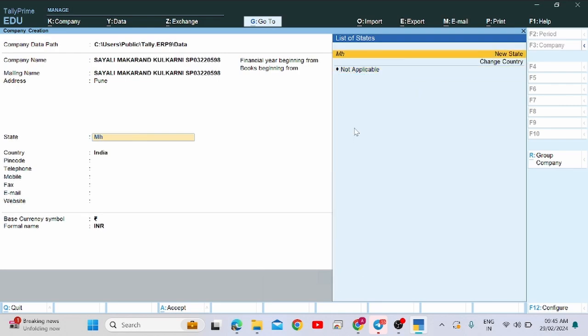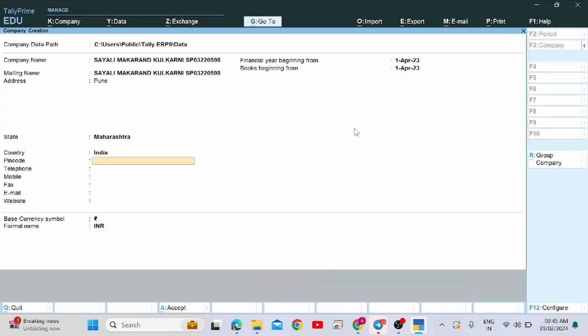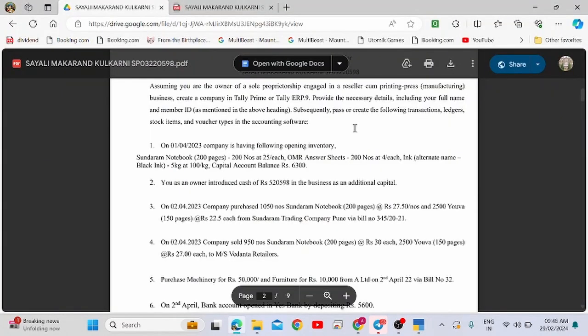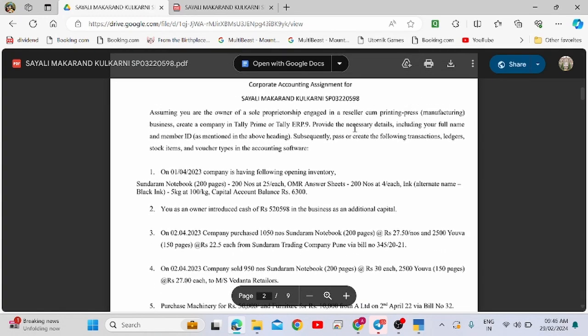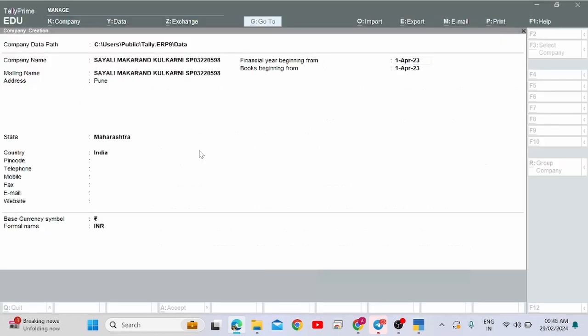This company is in Pune, therefore for the short address type Pune, and then Pune is in Maharashtra, therefore select Maharashtra. You can search for Maharashtra and you'll get it, and then other details we don't have, simply accept it. And then here in the project we have details about 2023-24, on 1st April, that means the first day of the financial year.